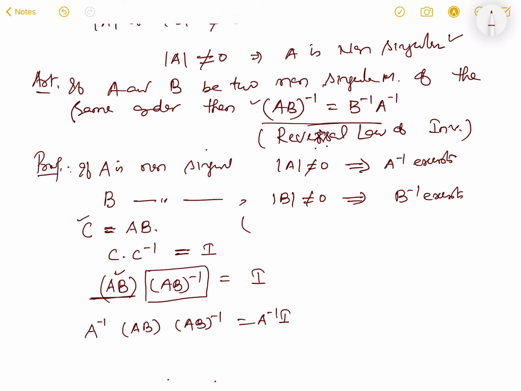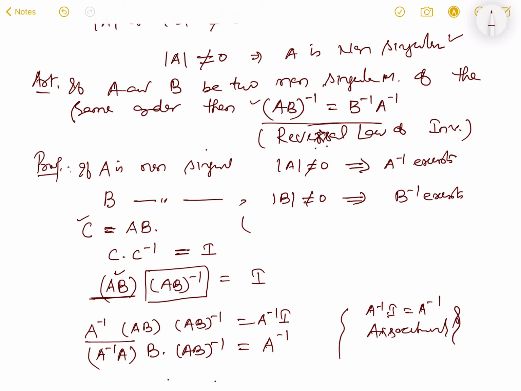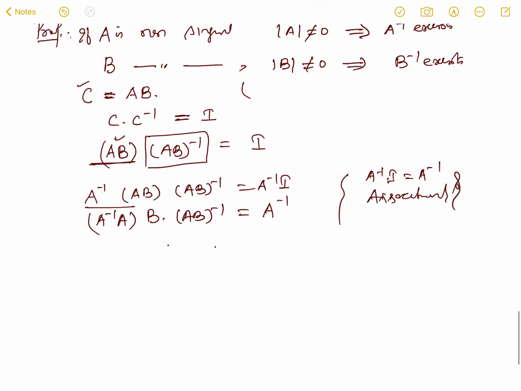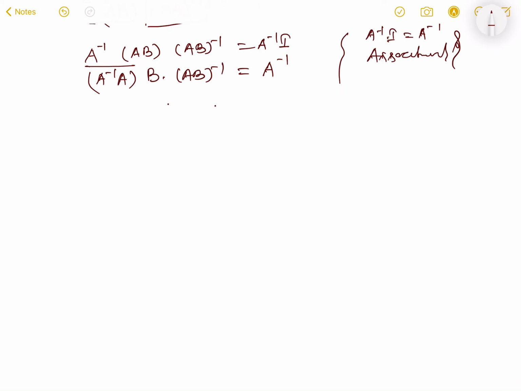Now this can be written as A inverse A into B, AB का inverse is equal to A inverse. यहाँ देखें दो प्रॉपर्टी लगी, एक तो A inverse I इक्वल टू A inverse, we know that. दूसरा हमने ब्रैकेट का ऑर्डर बदला है by associativity. देखिए ये प्रॉपर्टी मैं आपको बार बार कह रहा हूँ कि ये आपको राइट साइड में हर स्टेप में लिखनी होगी, तभी आपको फुल मार्क्स मिलेंगे. This is equal to I from the definition of inverse. I into B, AB का inverse is equal to A inverse. I into B is B into AB का whole inverse equal to A inverse.